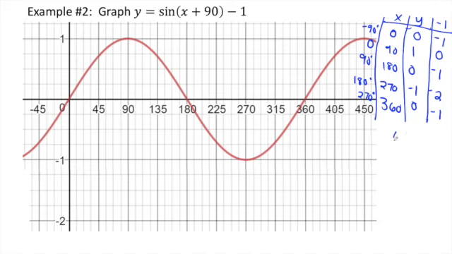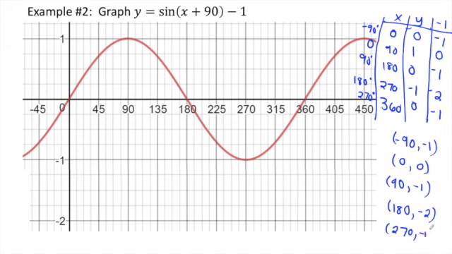Okay, so your final points would be (-90, -1), (0, 0), (90, -1), (180, -2), and (270, -1). Okay, so those would be your final points.